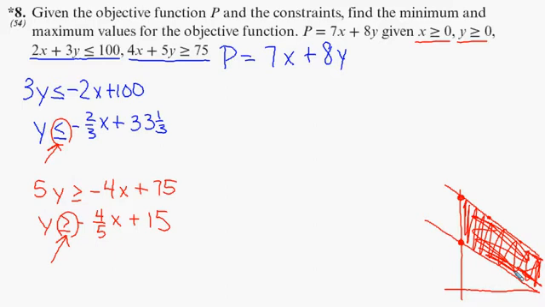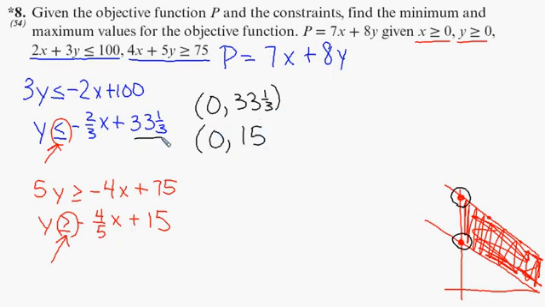If you have it in your calculator, it's just going to make a lot more sense to you, I think. Okay, so we know this vertex and this vertex, well, one of them is 0, 33 1/3. The other one is 0, 15. You can tell that from right there.